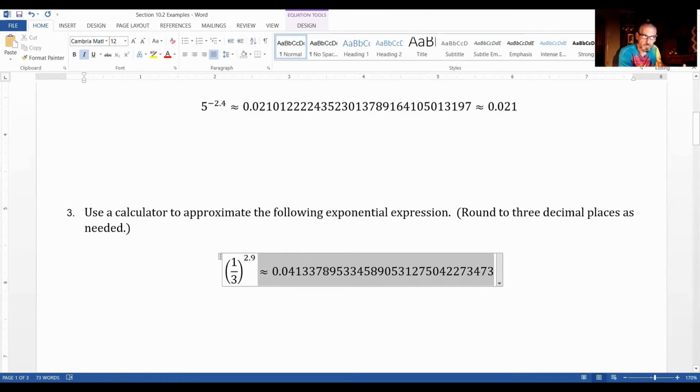Three places. After the 1, we've got a 3. It's going to round down to 0.041.